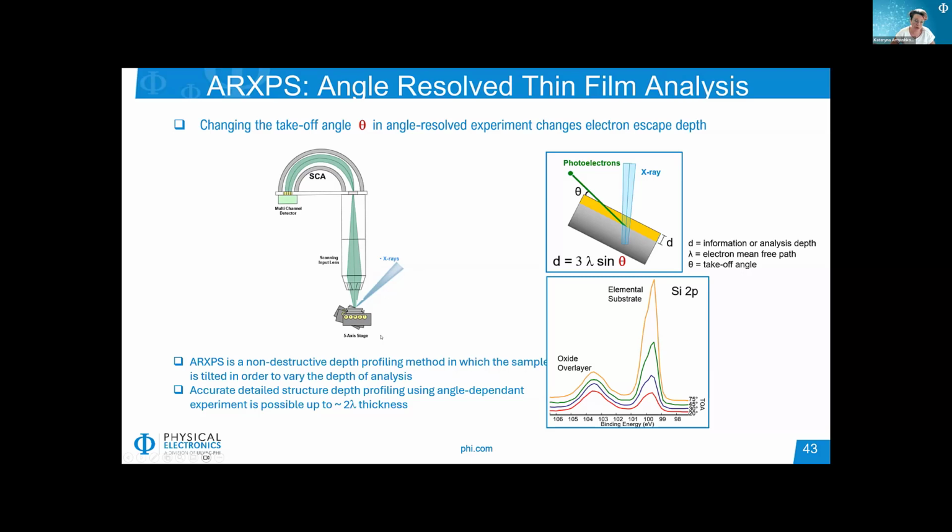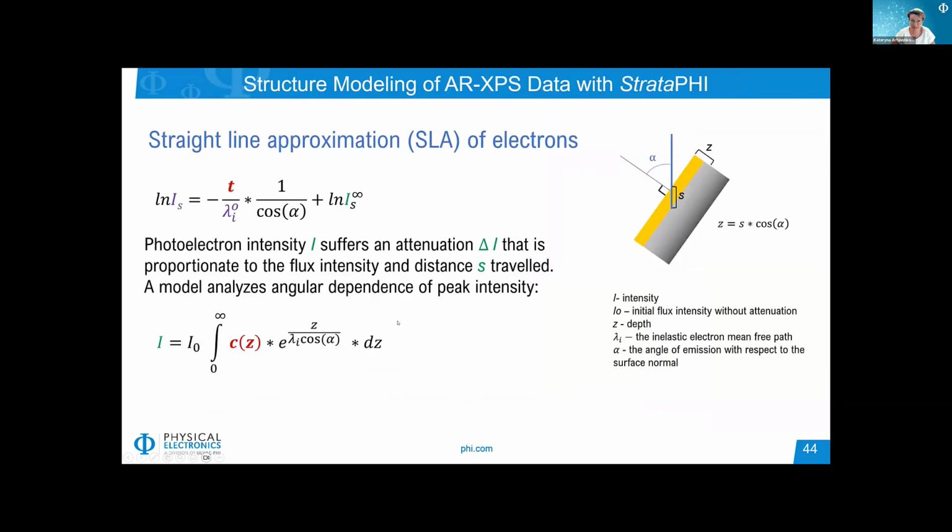There is a variety of models that extract thicknesses from your angle-dependent data. One of them is the straight line approximation. It looks at the intensity of electrons that come from the substrate as they travel through the overlayer at different takeoff angles. So this is the intensity of the substrate, this is my takeoff angle, and it is related to thickness.